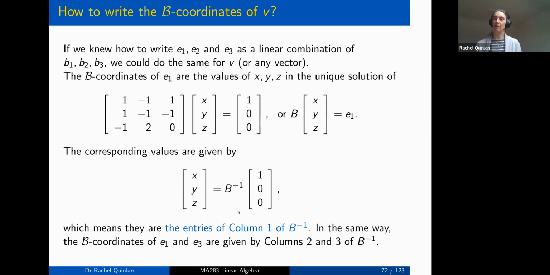And similarly, by exactly the same kind of reasoning, with a 1 in position 2 or 3 instead of position 1, we can observe that E2 and E3 respectively are given by columns 2 and 3 of the inverse of B. That's good, because that tells us how to write the standard basis vectors in terms of the elements of the basis B. And once we've done that, the thesis is that we can write any vector in R3, as long as it's written already in terms of its standard basis vectors, in terms of B.